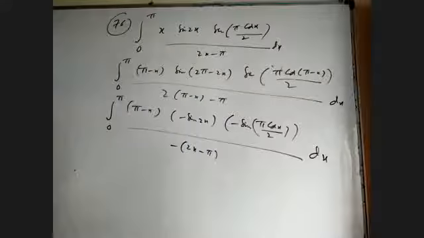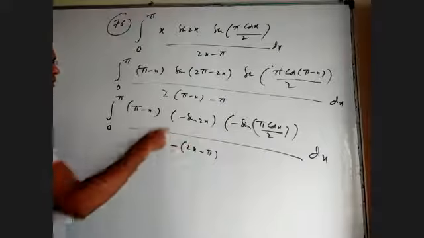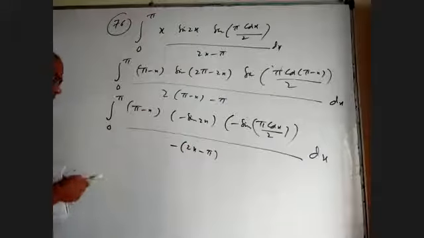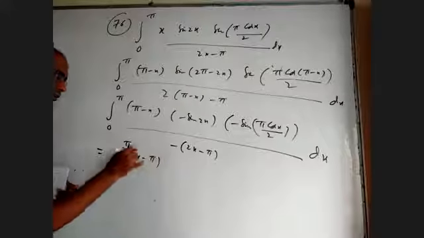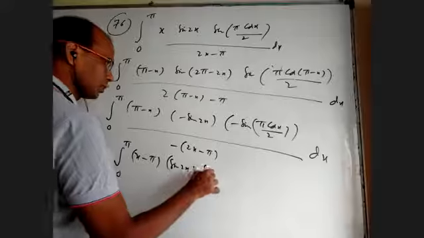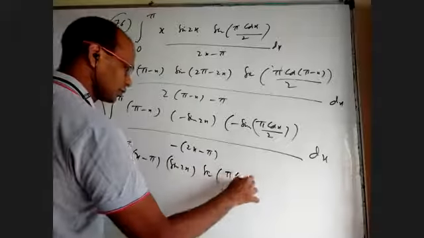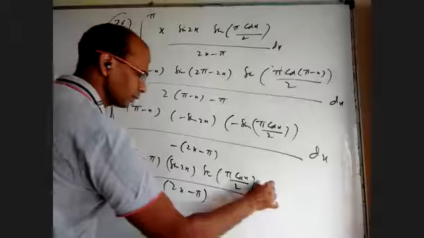So in total, I got 1 minus here, 1 minus here, 1 minus here. So finally, I'll get a minus. I'm going to use that minus here. So 0 to pi, I'm getting x minus pi and sine 2x, sine pi cos x by 2 by 2x minus pi dx.